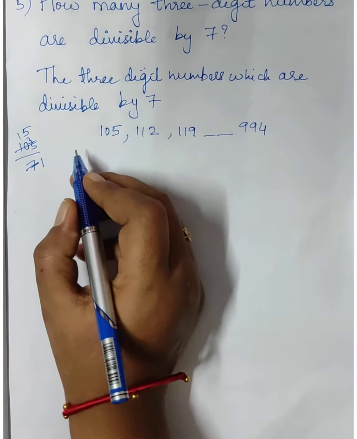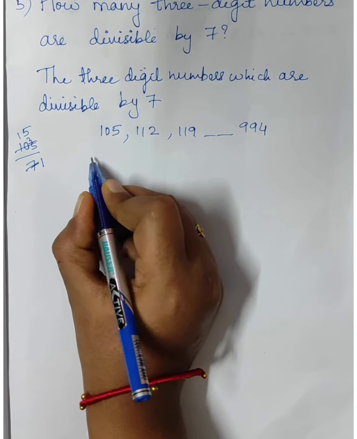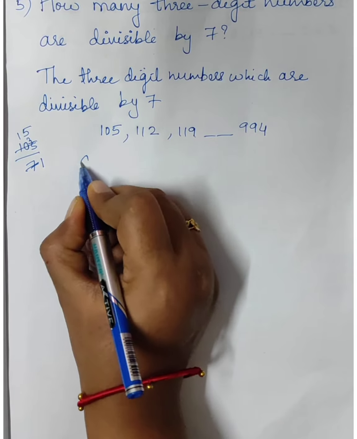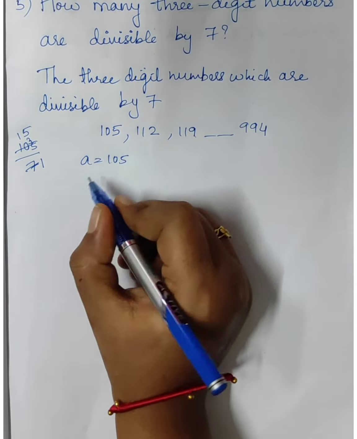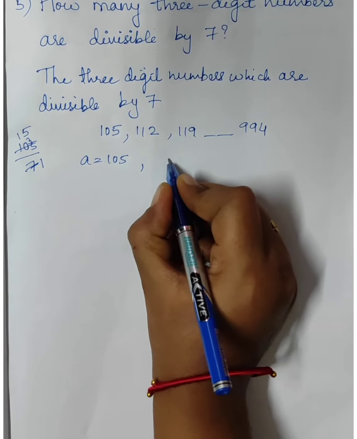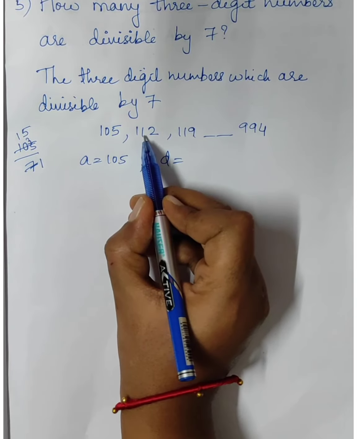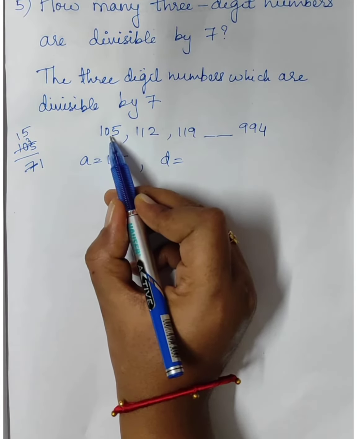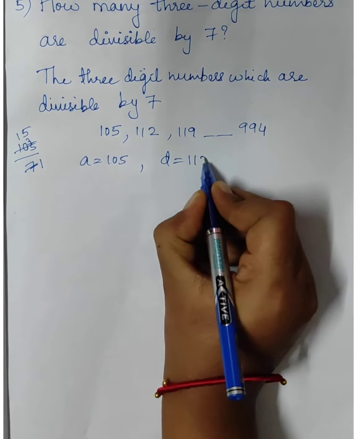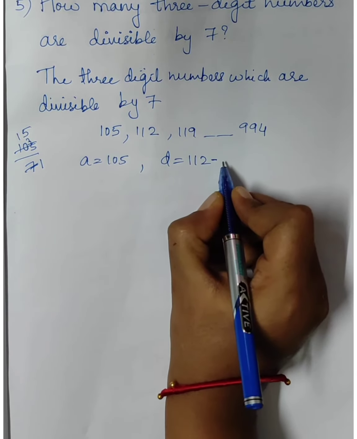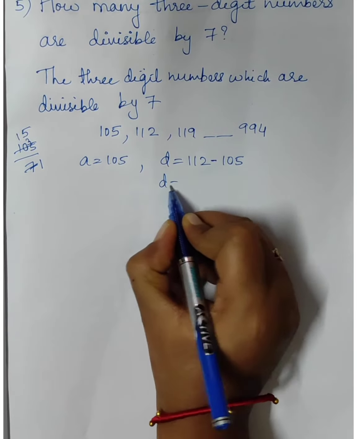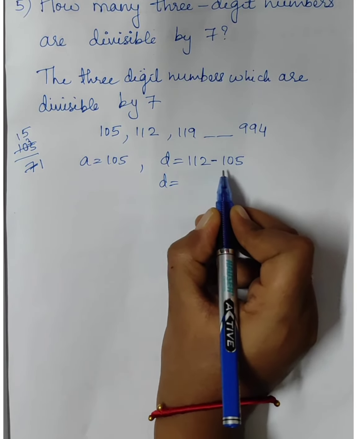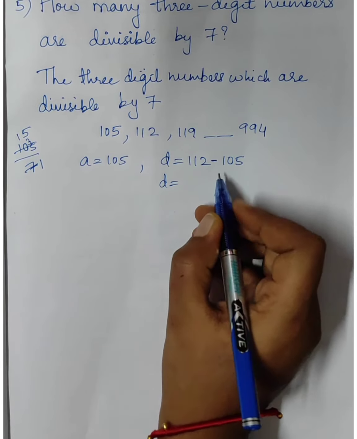And next is what? Now you need to take the values. First term is what? 105. Okay, A is the first term. Next is D, how much? See, this is A2 minus A1. So 112 minus 105. So D is equals to, from 112 you remove 105. So how much you are going to get?